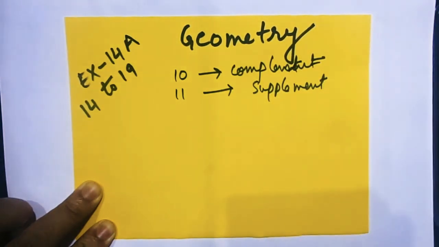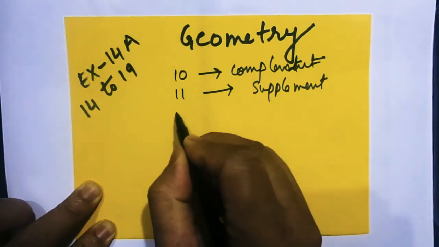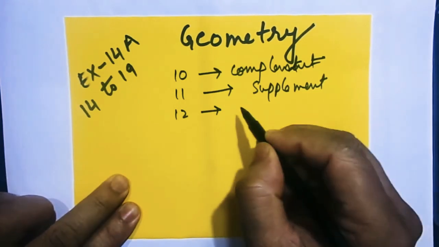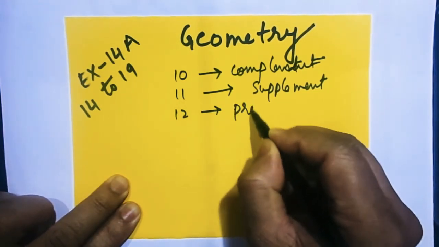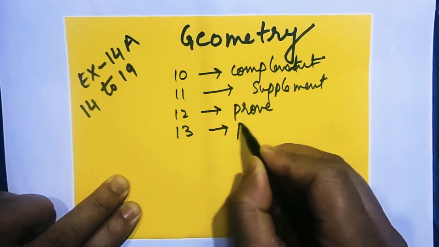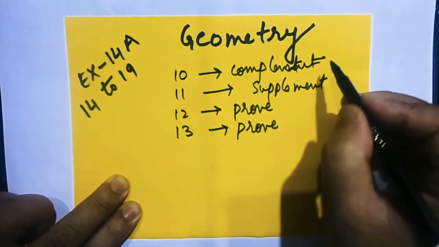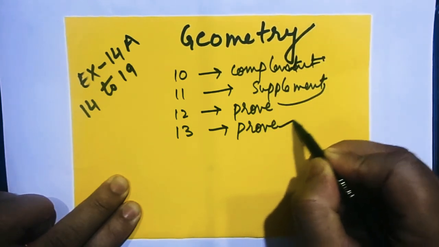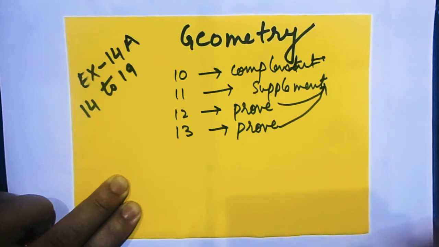When we come to number 12, we are asked whether the following pairs of angles are complementary. In 12 and 13, we have to prove whether the angles are complementary or supplementary, isn't it?